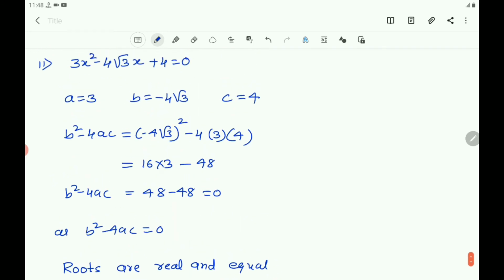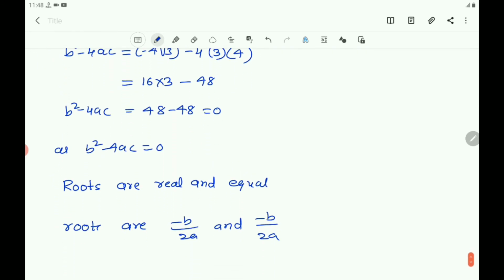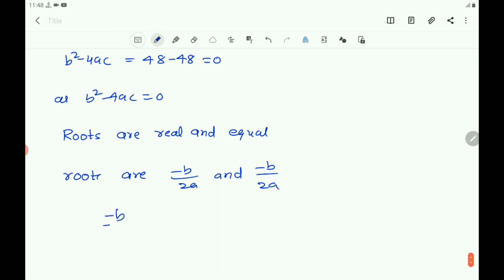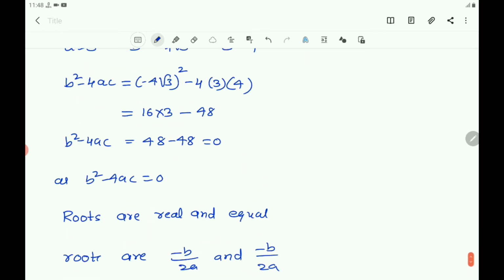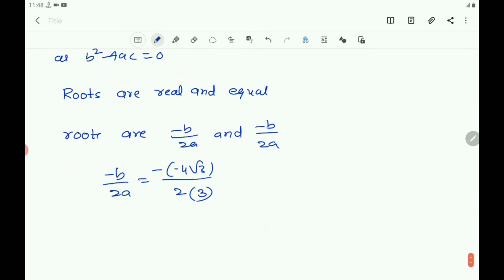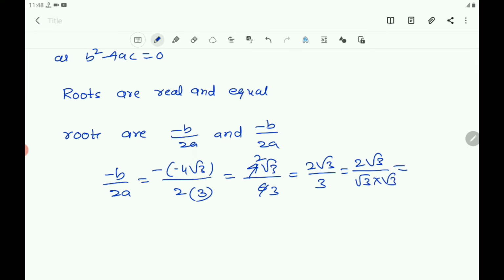Here b is −4√3, and a is 3. So −b/2a = −(−4√3)/(2 × 3), which is 4√3/6. Simplifying, you get 2√3/3, which equals 2/√3, since 3 means √3 into √3 and √3 cancels.